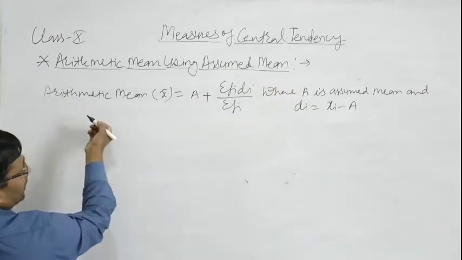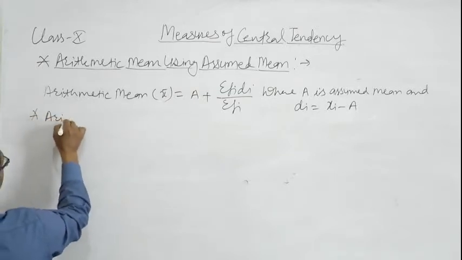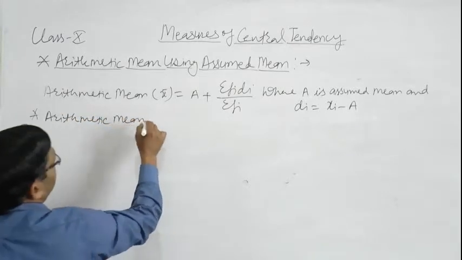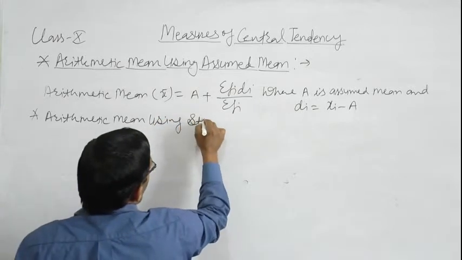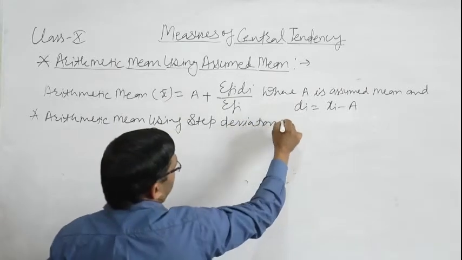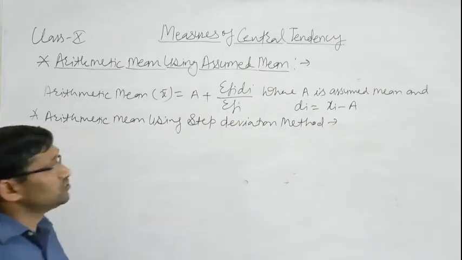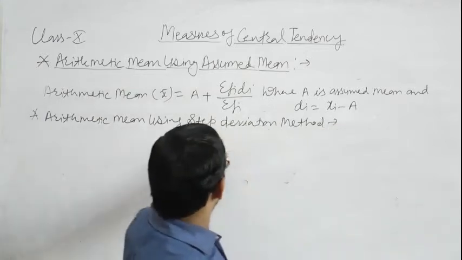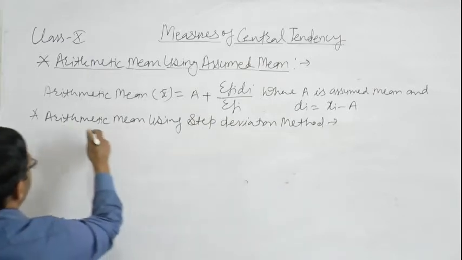Now the second formula is arithmetic mean using the step deviation method. This is also part of assumed mean, but it is known as the step deviation method.